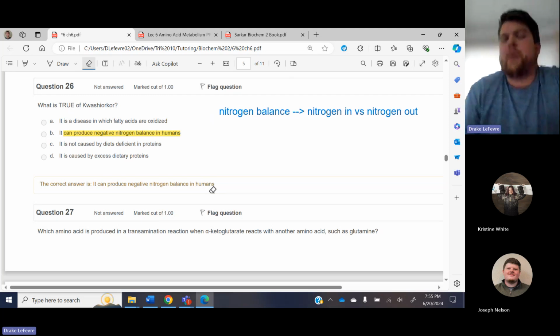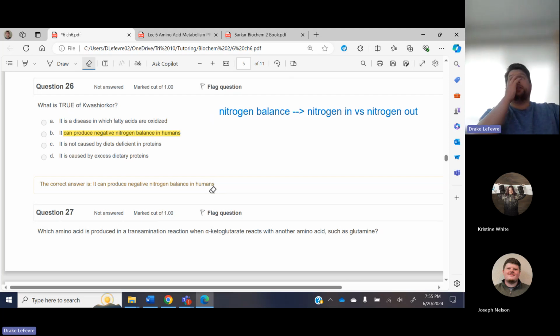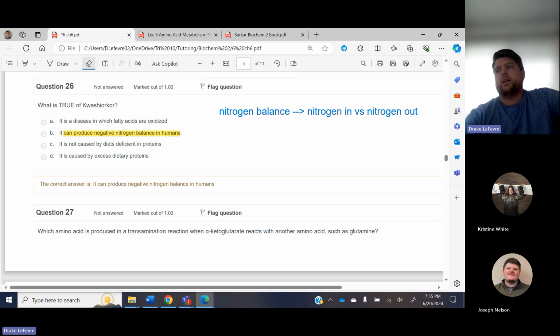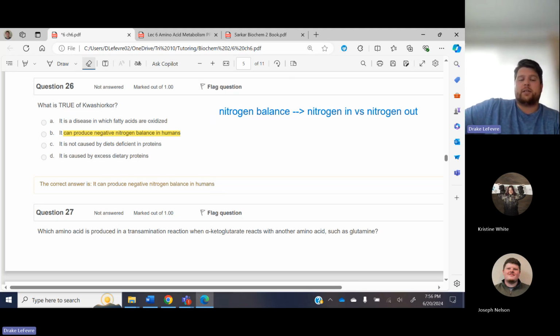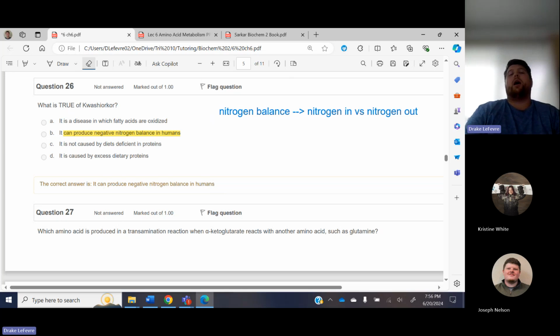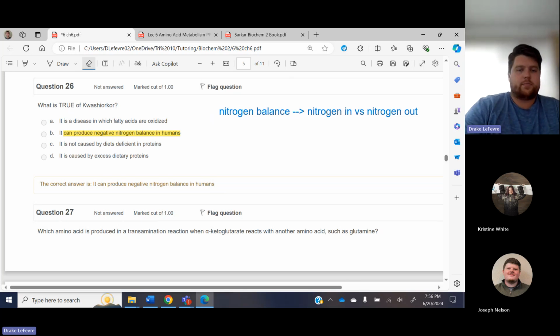A negative nitrogen balance means that we are losing nitrogen due to bodily functions, continuing to go to the bathroom and so on, all the time. So if they're not getting enough protein, they have a negative nitrogen balance. If somebody is a bodybuilder slamming 600 grams of protein every single day, protein shake after protein shake, they would have a positive nitrogen balance.